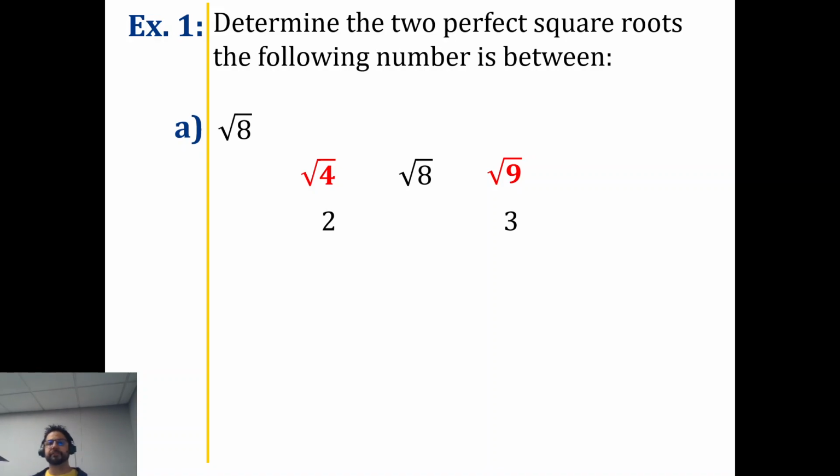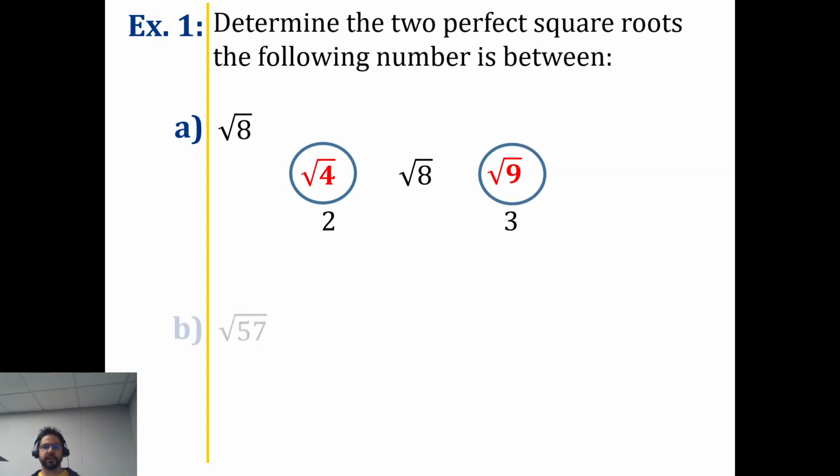And we're going to talk about the difference. Is it exactly in the middle, or is it a low or a high 2? Because again, it's in between 2 and 3, so it's definitely not a 3-point something. It's going to be a 2-point something. So keep that in mind. Is it a low 2, or is it a high 2?